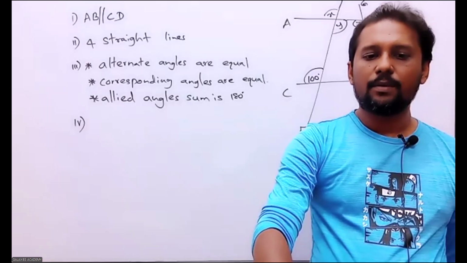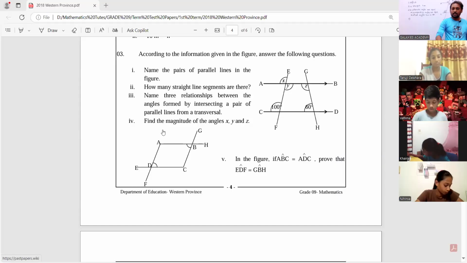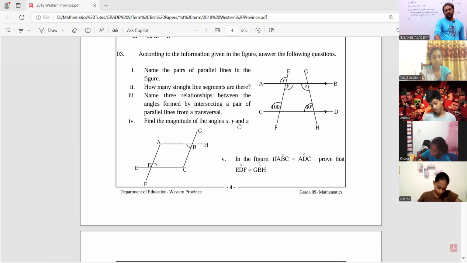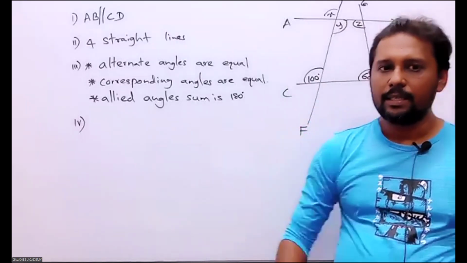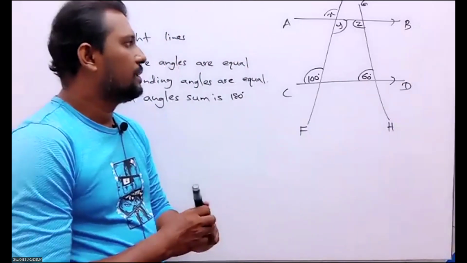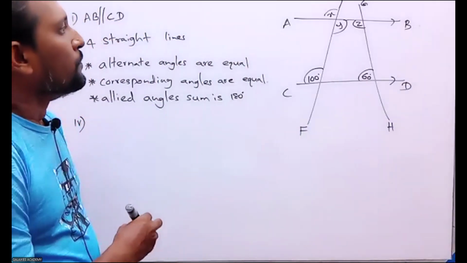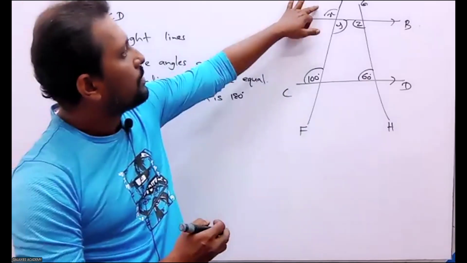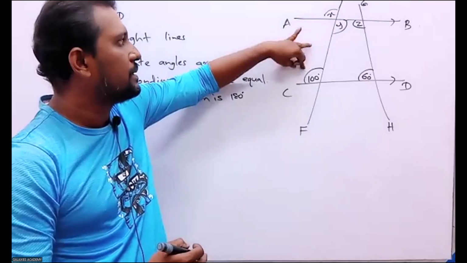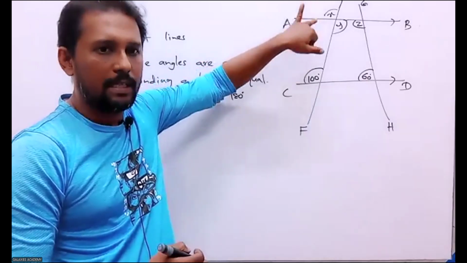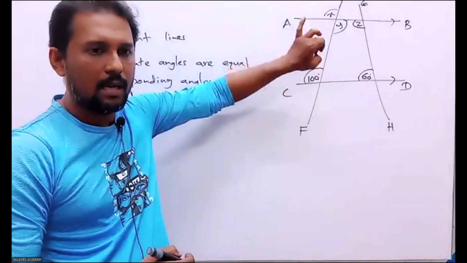Right. Then next part, look at the fourth part. Find the magnitudes of the angles x, y, z. Using the knowledge of the angles, you have to find the x, y, z magnitudes. Look at the first. How about these two angles, x and 100? Which type? Corresponding angles. So x equal 100.